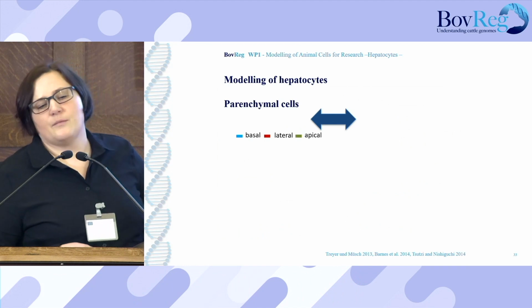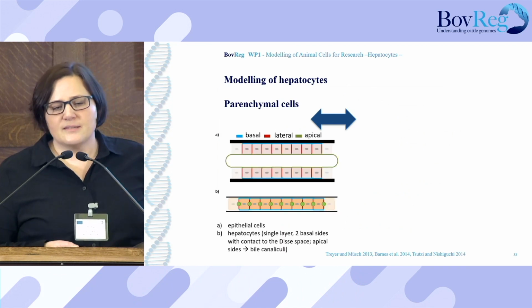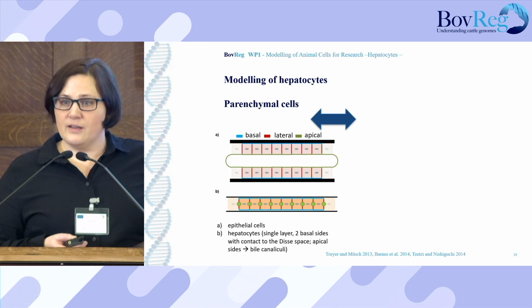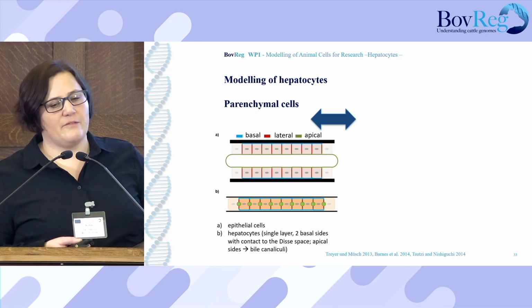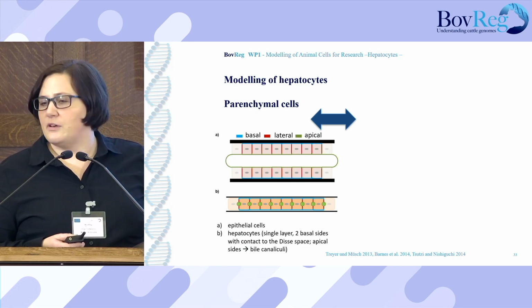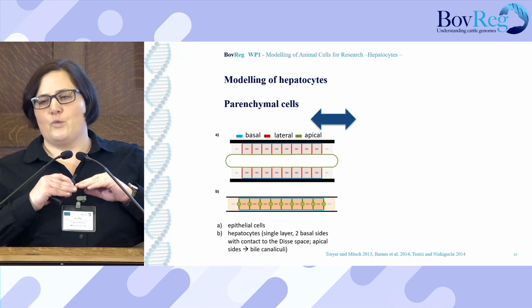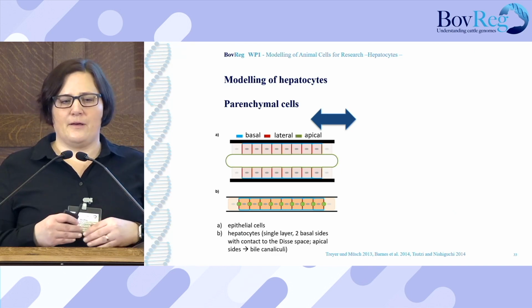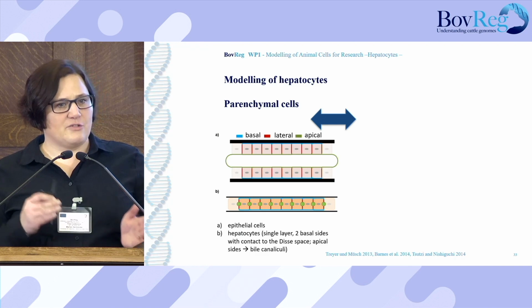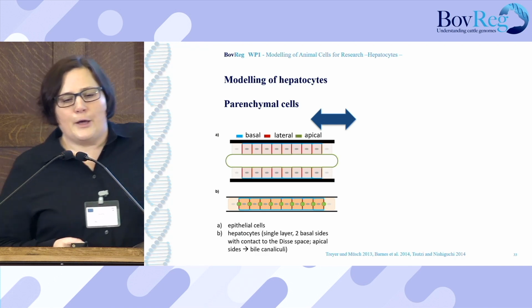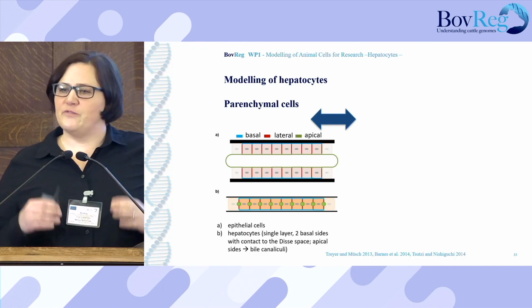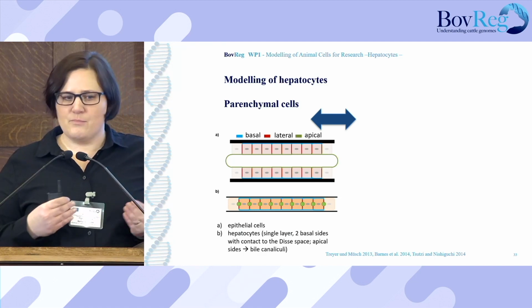So if we have a closer look at these cells, hepatocytes are epithelial cells, but they are very specific. Normally, epithelial cells do have one basal layer and an apical side and lateral cell-to-cell contacts. Whereas in hepatocytes, we have two layers of a basal membrane.